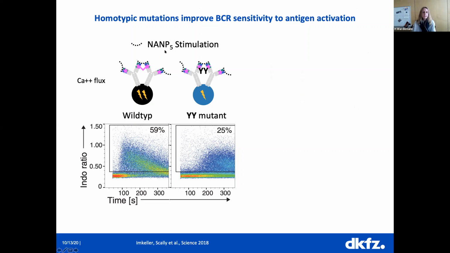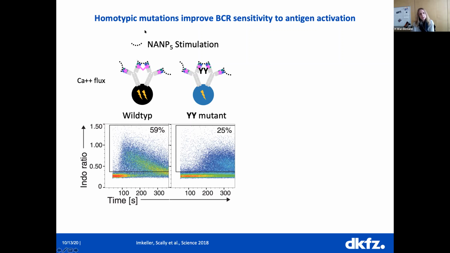We assumed that these mutations should improve BCR signaling in the context of a cell. So Katharina Imkeller, a former PhD student in my lab, generated cell lines that expressed either the wild type antibody on the surface or this YY mutant, which can't engage into these homotypic Fab-Fab interactions due to steric hindrance here.